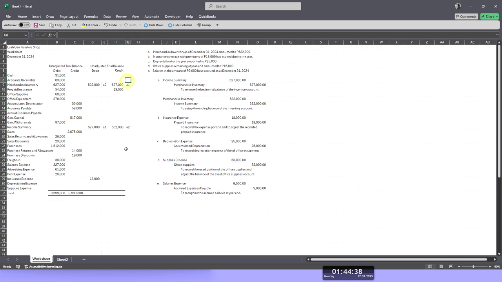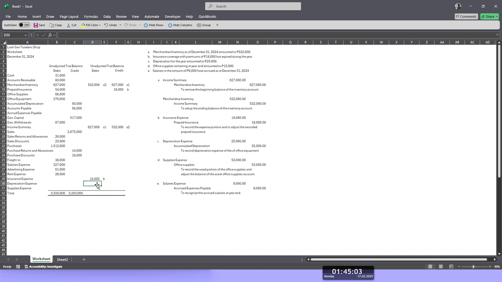So debit prepaid insurance, credit insurance, no, debit insurance expense, credit prepaid insurance. So this is adjusting entry letter B. Then the next adjusting entry is to record depreciation.